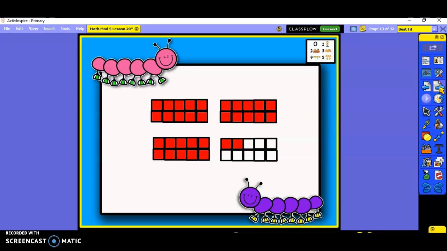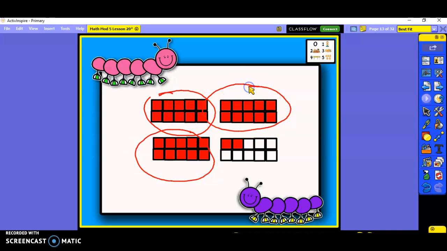So I bet we can count this one by tens. You ready? Here we go. We have 10, 20, 30, and then we have 2. Yes, we have 3 10s 2. Can you say the number the regular way? Very good.